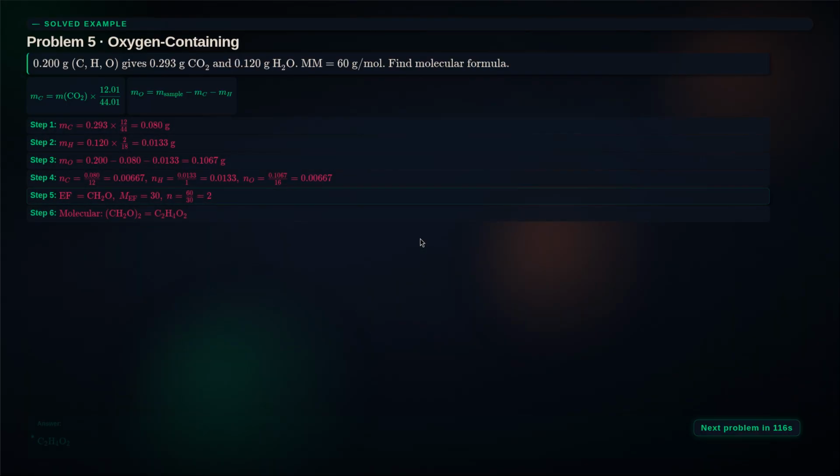Problem 5. Oxygen-containing compound. A 0.200 gram sample containing carbon, hydrogen, and oxygen produces 0.293 grams of CO2 and 0.120 grams of H2O. The molar mass is 60 grams per mole. Find the molecular formula. Step 1. Calculate the masses.